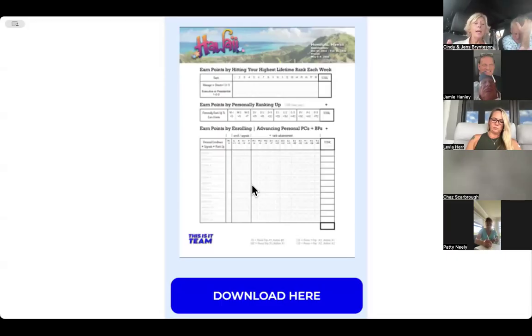The Hawaii trip, oh my gosh, to be able to come out the gates with a brand new comp plan, a brand new app, a brand new opportunity slideshow, and so much more, and an incentive trip. There is not one person on the team that should not make this incentive trip.